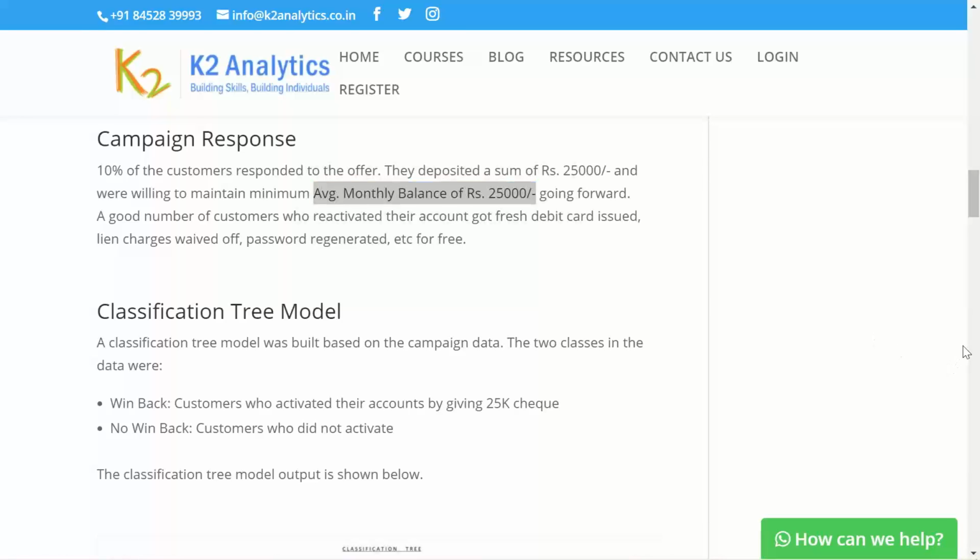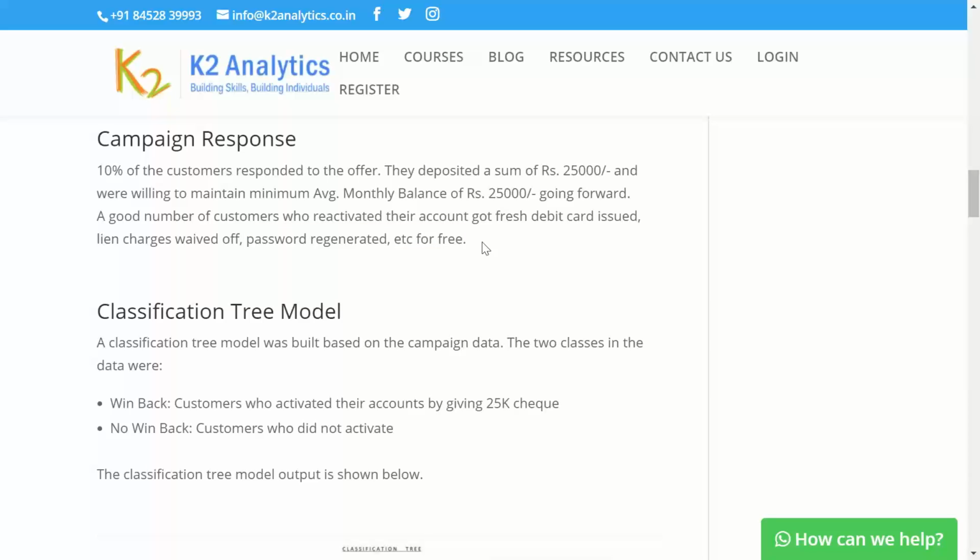If the customer activates and ensures that he or she is going to maintain an average balance of rupees 25,000, in that case, if the customer asks for a fresh debit card or has got some charges for not maintaining the balance in the past, those will be waived off. Any password the customer has forgotten, after fulfilling the necessary processes, the bank will issue a new password free of cost. So there are many offers given to the customer to reactivate them.